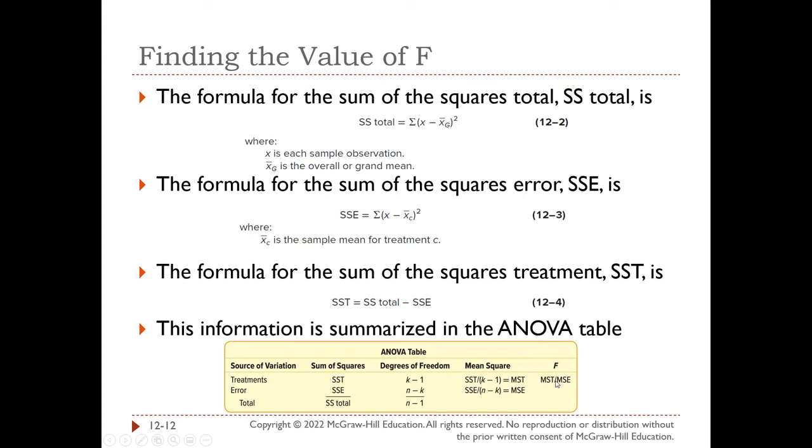F is MST divided by MSE, which we gotta find the error. Again, SSE, N minus K. SSE is divided by N minus K equals MSE. And the totals are, add them up, we get the SS total. So it should equal right to the SS total. Degrees of freedom is N minus 1. And we're good to go.